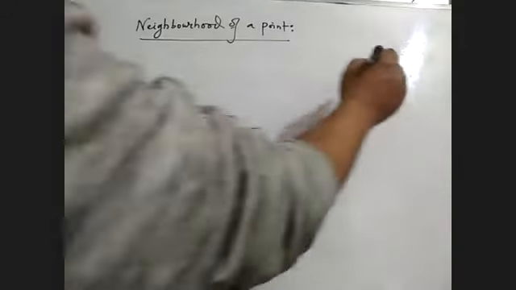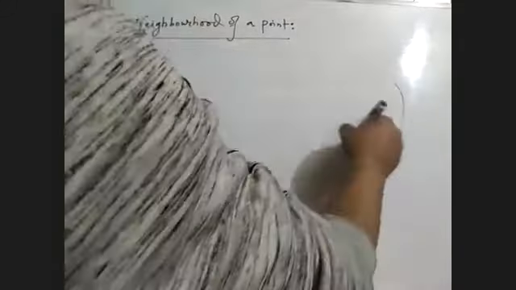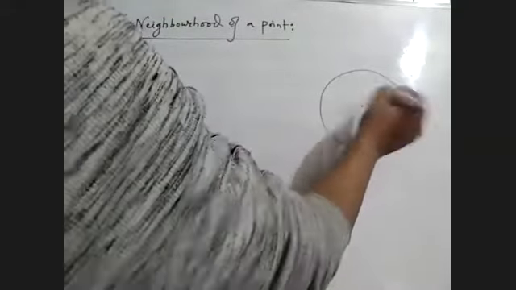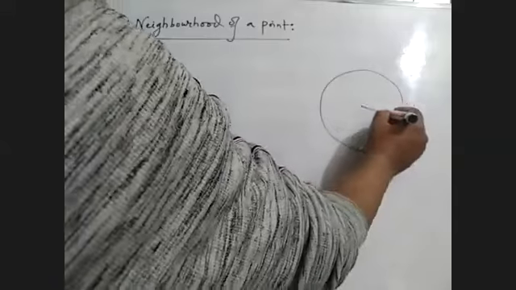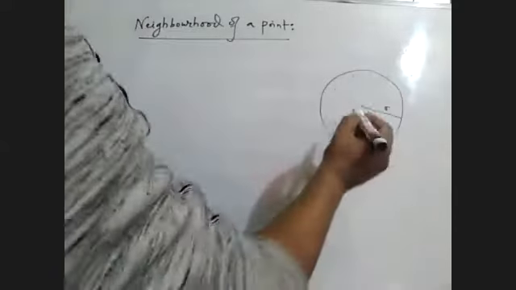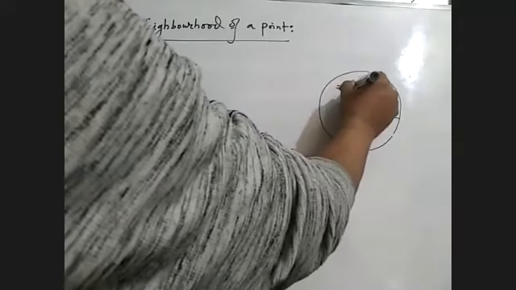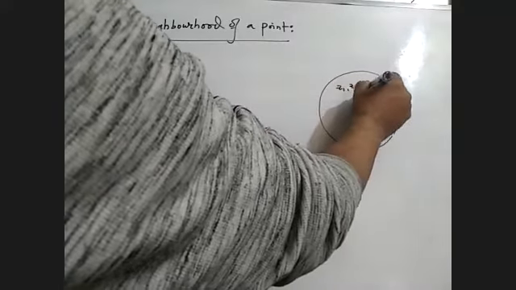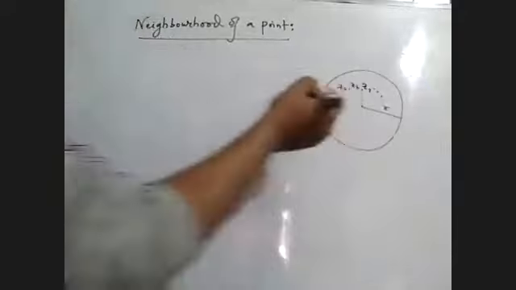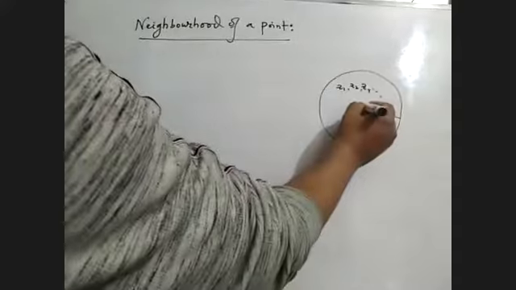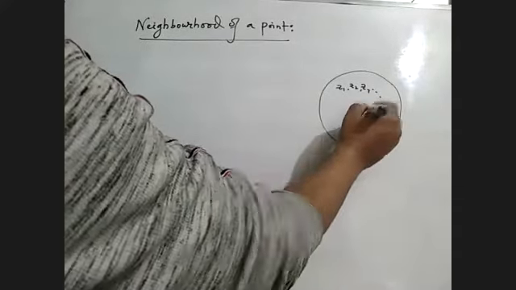Suppose we have a disk or ball like this, and the center. This is the center, and this is the radius r. There are many points. Suppose z1, z2, z3, and so on. Here z naught is the center.